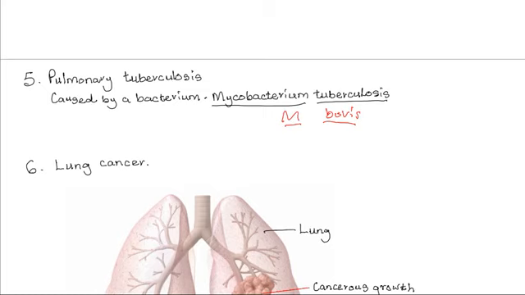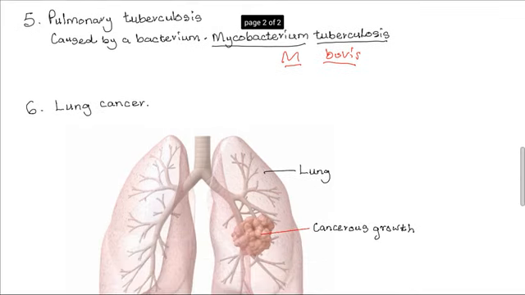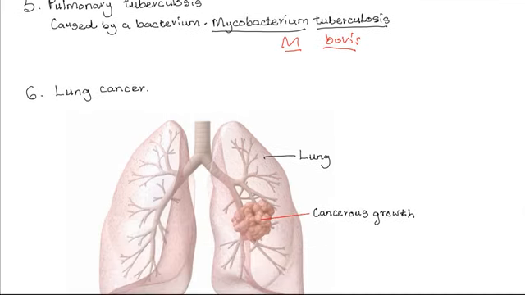So lung cancer is that type of growth that occurs within the lung. Now, the growth can only affect a single point within the lung or may affect other parts of the body when the cancerous cells break away and spread to other parts of the body.